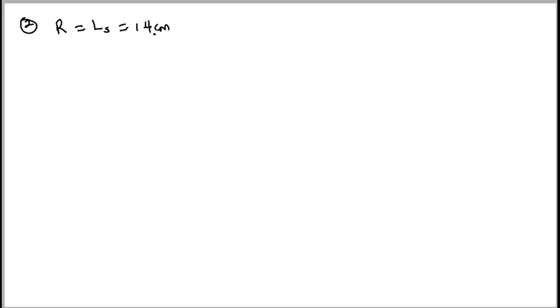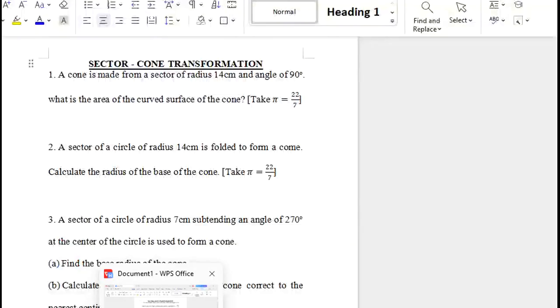To get the radius of the new cone, there is a relationship that says r is equal to theta R over 360. This is a very important formula. The small r remains the new cone radius. Do we have theta here? Let's see whether we have theta in the question.